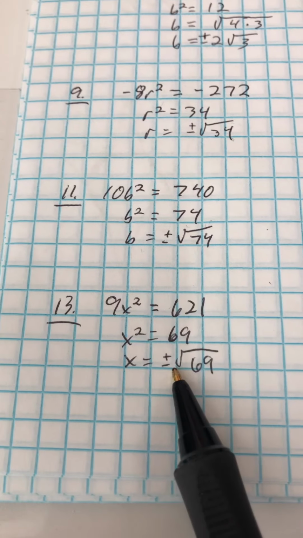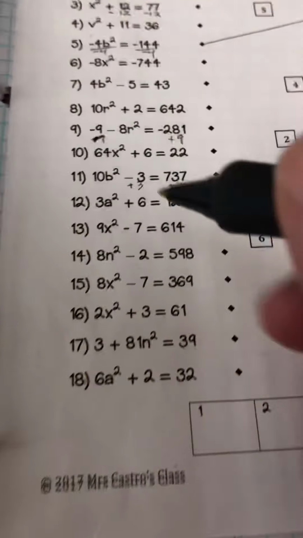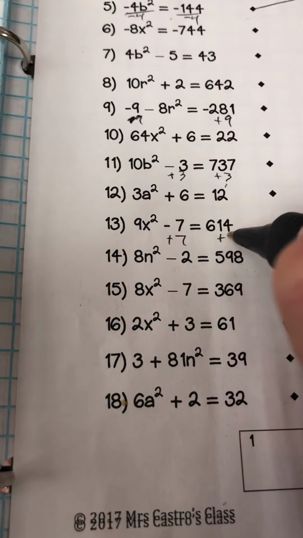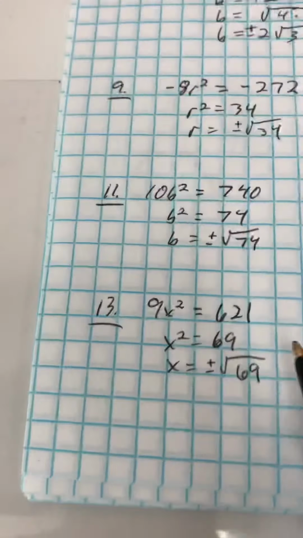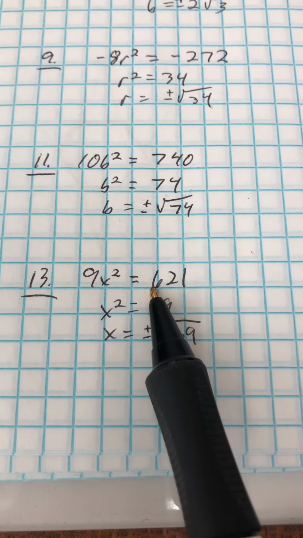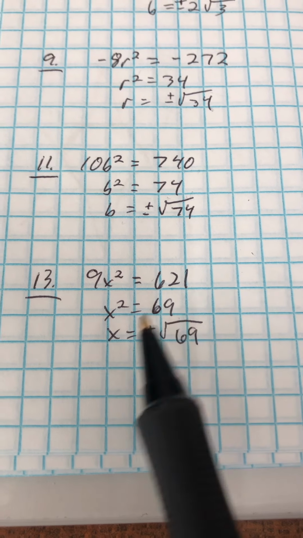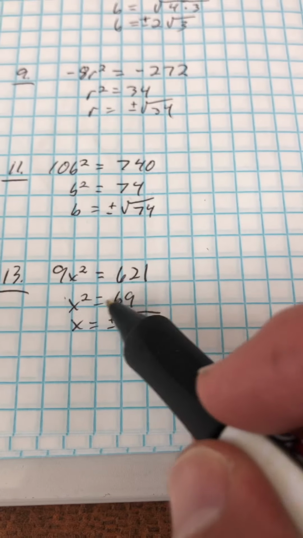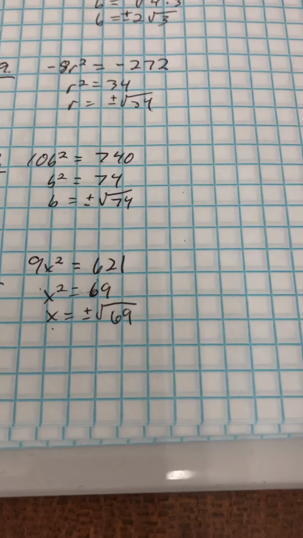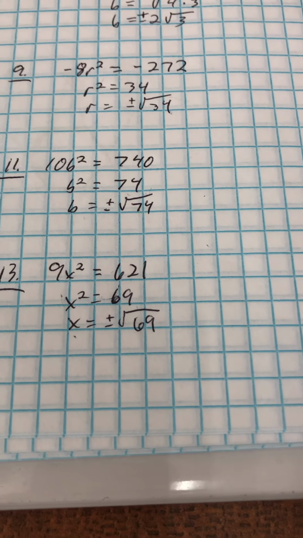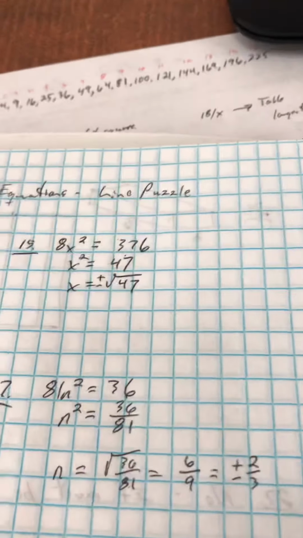That was 11. Number 13. Notice I'm adding 7 to both sides. And when I do that, I get 621. If I take 621 divided by 9, I get 69. If I take the square root of both, I get x equals the square root of 69. So that would be plus or minus the square root of 69.